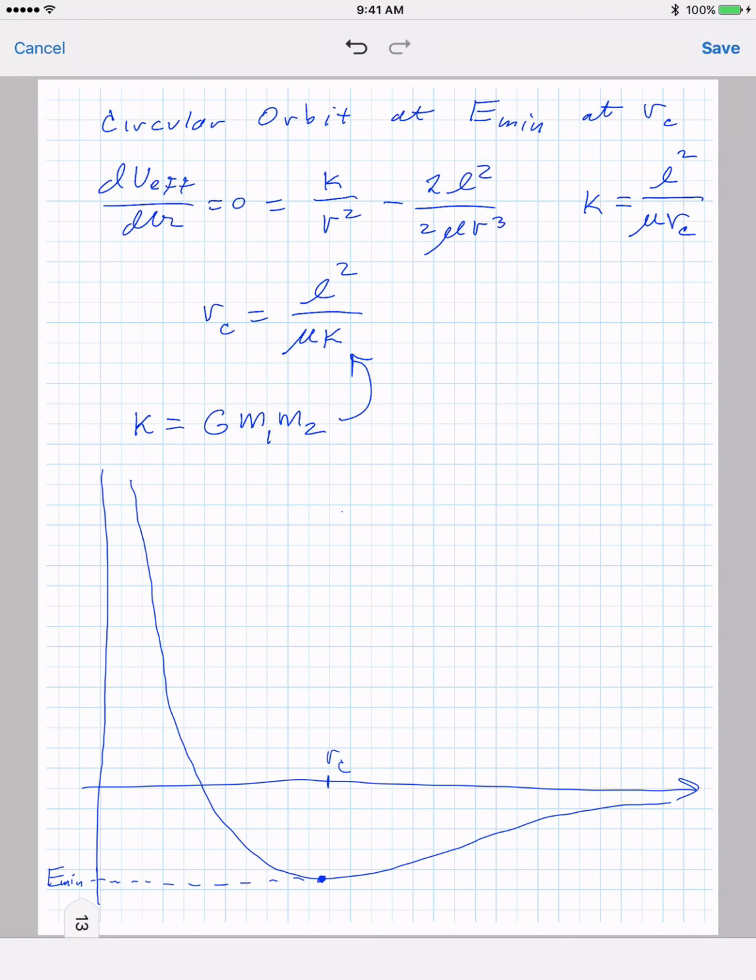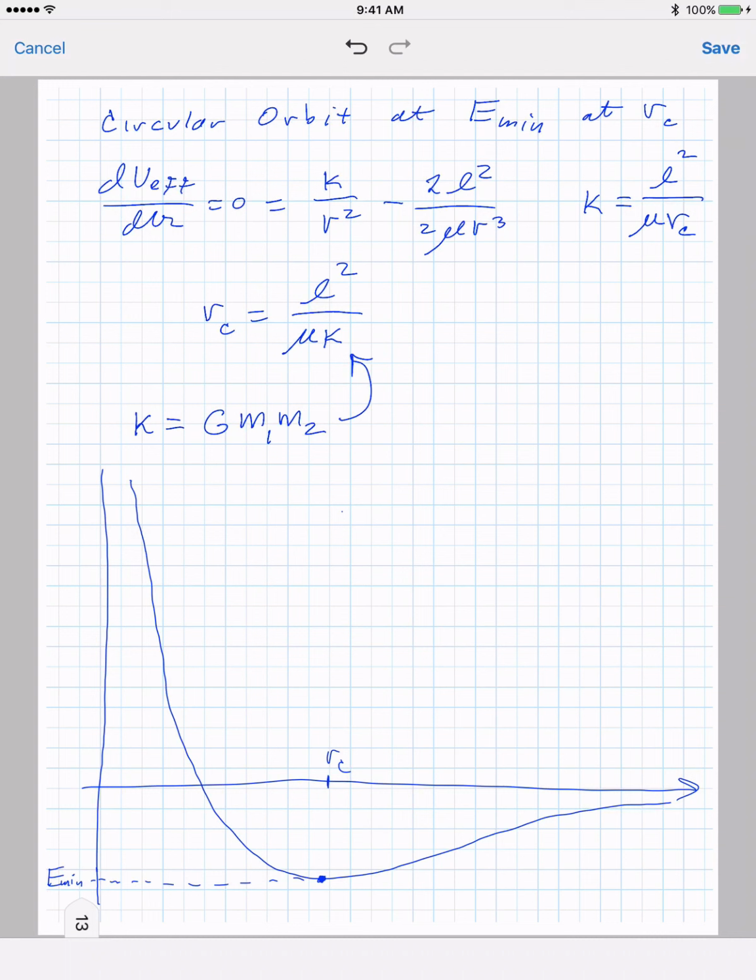And so when the orbit has the minimum possible energy given an angular momentum L, right? So realize that there are actually different curves for different L's. And so L is part of an initial condition. And so what I'm drawing here is, let's say, a single effective potential for a given angular momentum. And so when we're at the total minimum energy, then that is the circular orbit.